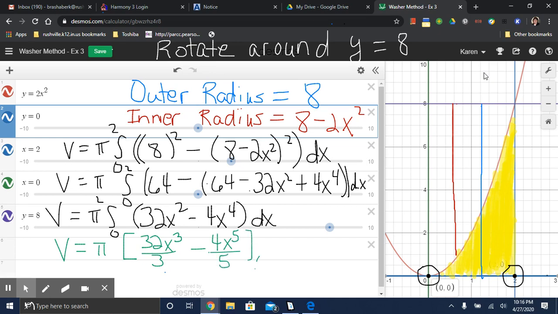This is evaluated from 0 to 2. And once again, I'm going to just give you that final answer. After you plug in the 2 and the 0, you would get 896 pi over 15 for that volume. 896 pi over 15.